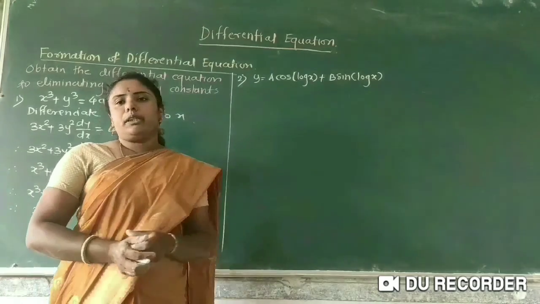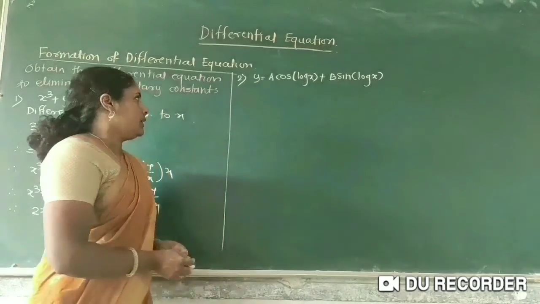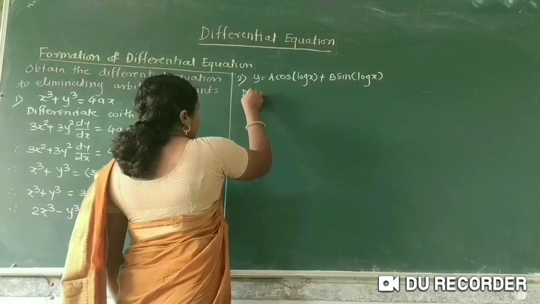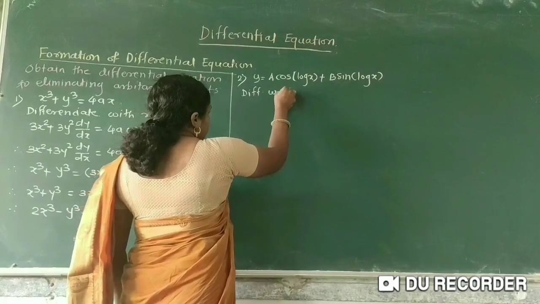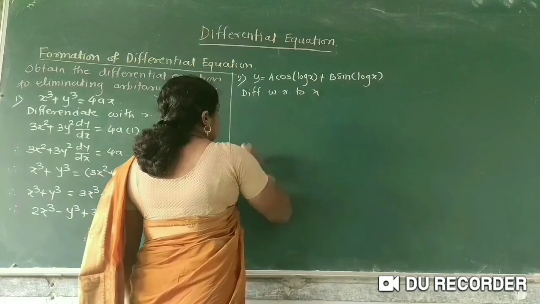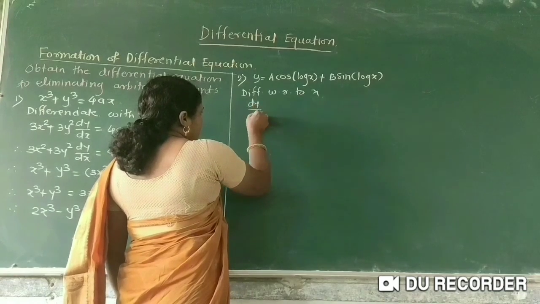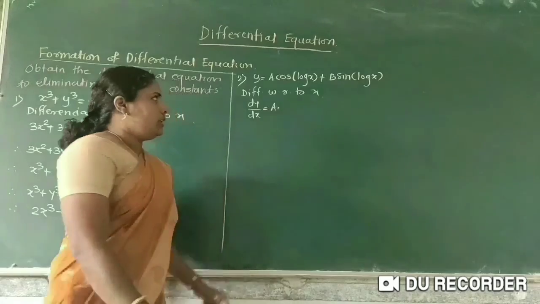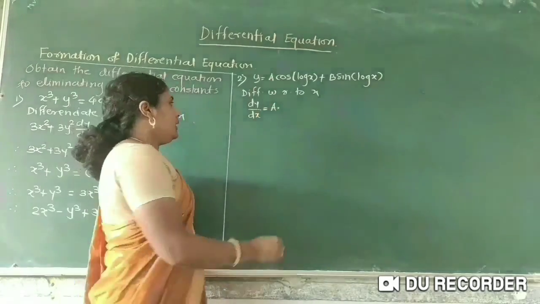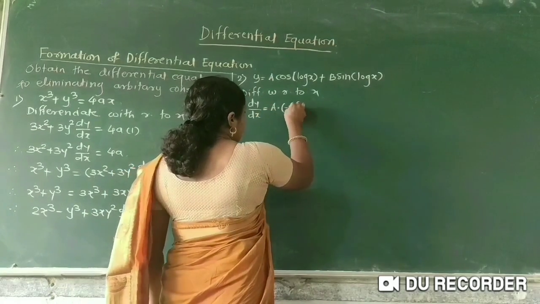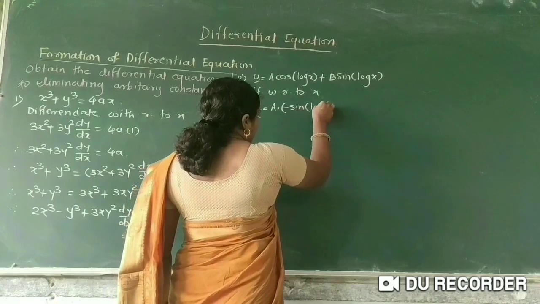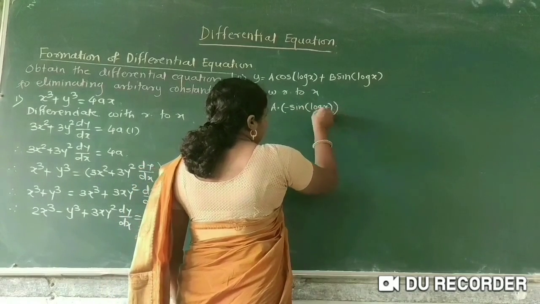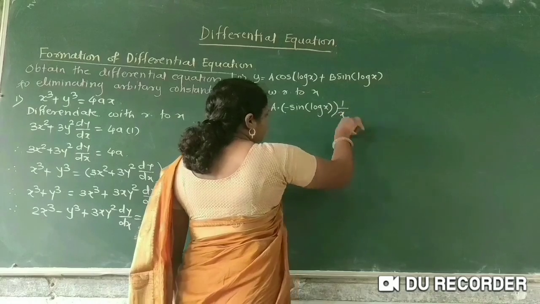Then these arbitrary constants can be eliminated. See, differentiate with respect to x. Therefore, dy by dx is equal to a, the arbitrary constant, derivative of cos is minus sin log x into derivative of log x is 1 upon x.